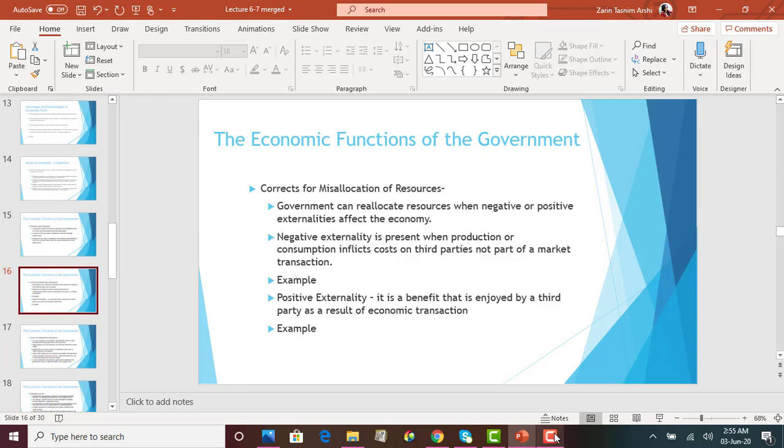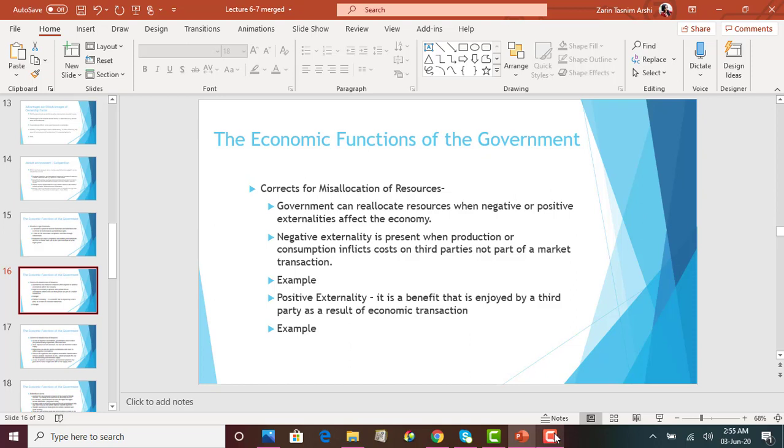Negative externality is basically when there is an economic transaction between me and Tom, and this economic transaction causes negative consequences to other people in the economy. Although they are not part of the transaction, it creates negative consequences for everyone else.